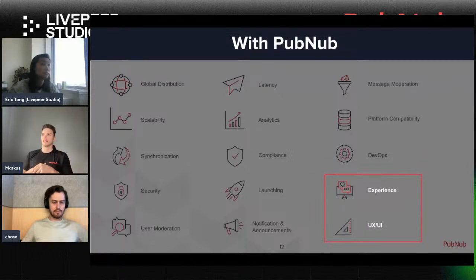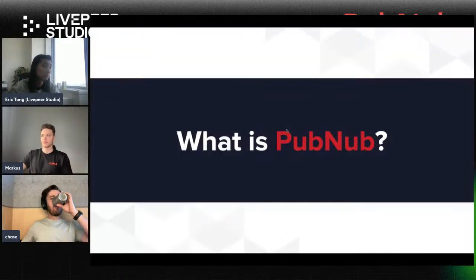It takes all these boring things out of the way and allows you to launch your application to production comfortably, and focus on the things that a lot of people want to focus on.